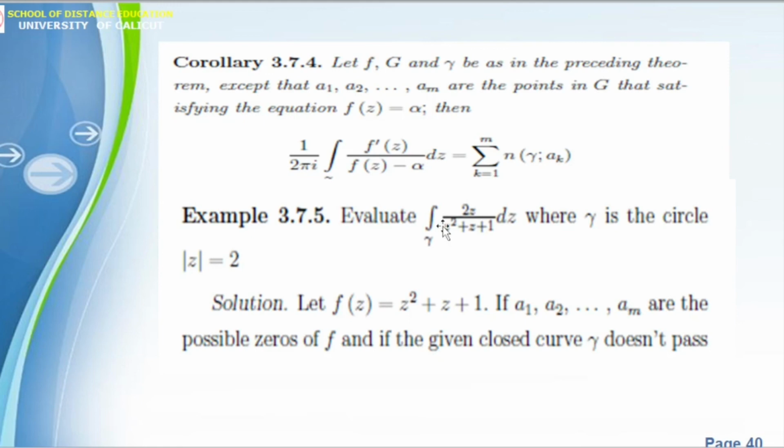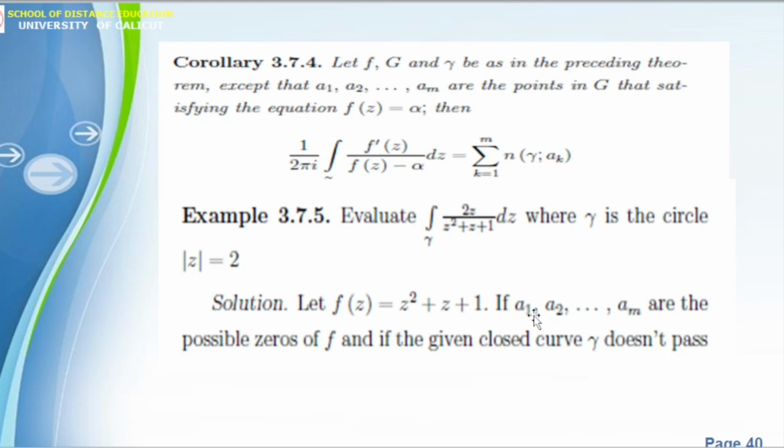Evaluate the integral over γ of (2z + 1)/(z² + z + 1) dz, where γ is the circle |z| = 2. Take f(z) = z² + z + 1.